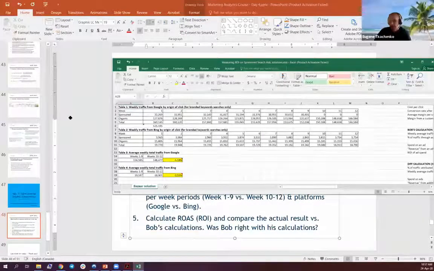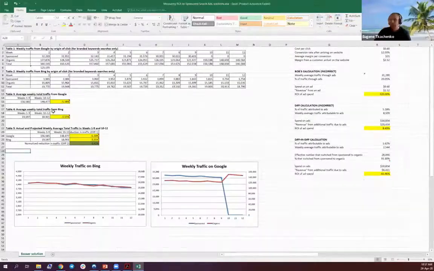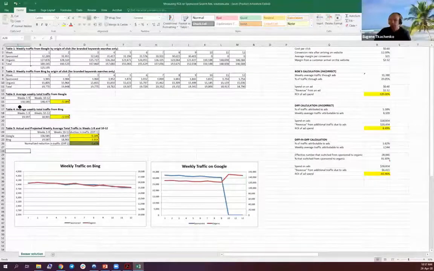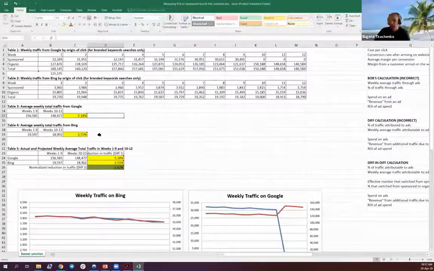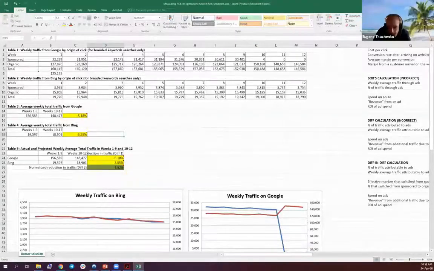The traffic decrease for weeks 10 till 12, we are talking about the averages, is minus 5% for Google and minus 3.5% for Bing. So Kenneth's numbers as well as Max's and Igor's numbers are accurate as well. I'm hoping that everyone got the same numbers.